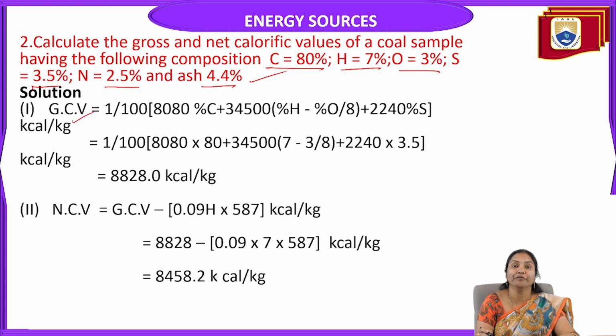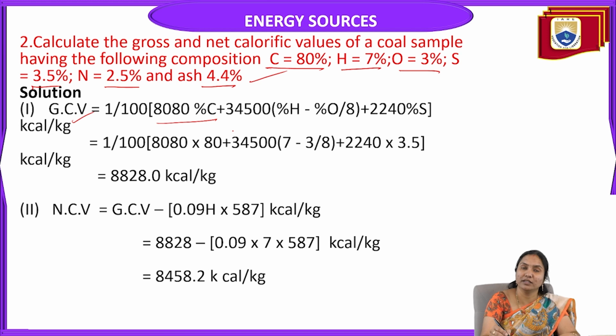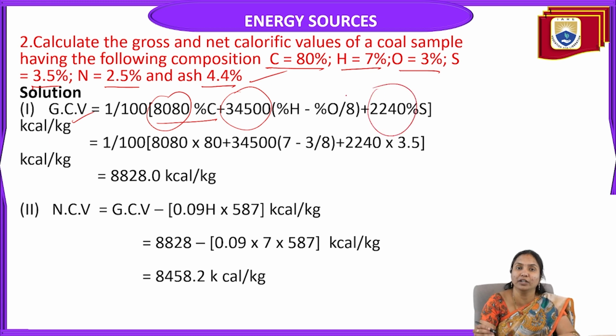So what is Dulong's formula for gross calorific value of fuel? It's equal to 1 by 100 into 8080 into the percentage of carbon plus 34,500 into H minus O by 8 plus 2,240 into sulfur. Here we already know that these assume 1 kg of fuel burning.